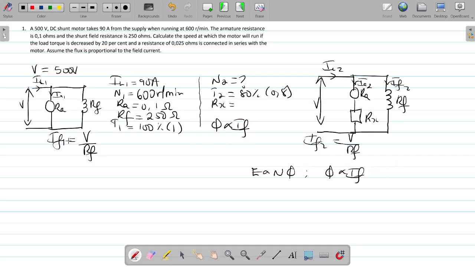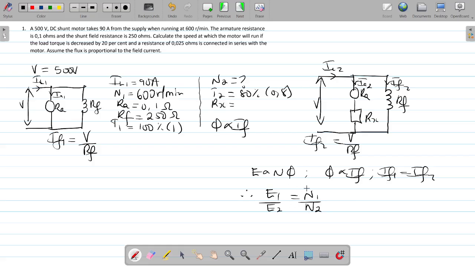So because IF1 is the same as IF2, we can add it here. Therefore, when we are looking for our speed, we don't need to substitute field current. So our formula is going to be this one.